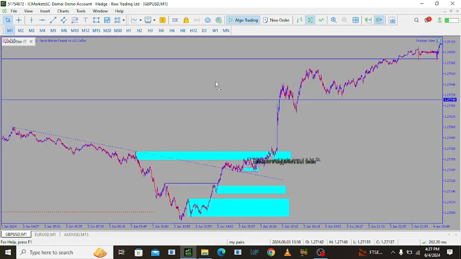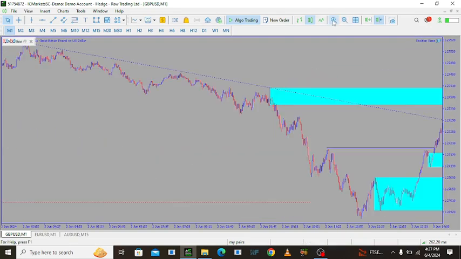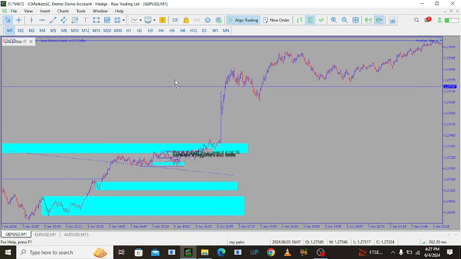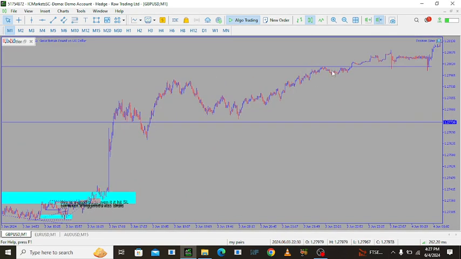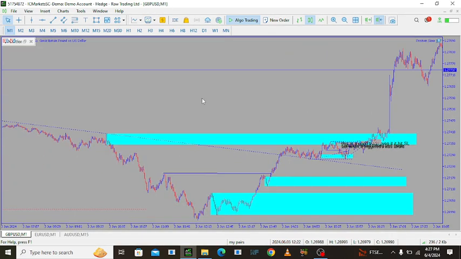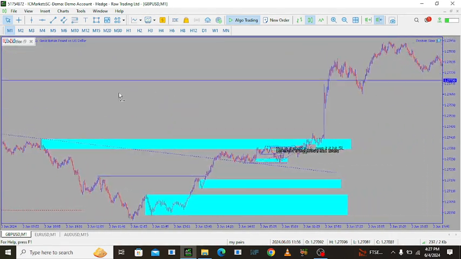You see, this is M1 internal structure, until it took out this H1 major high. You see.